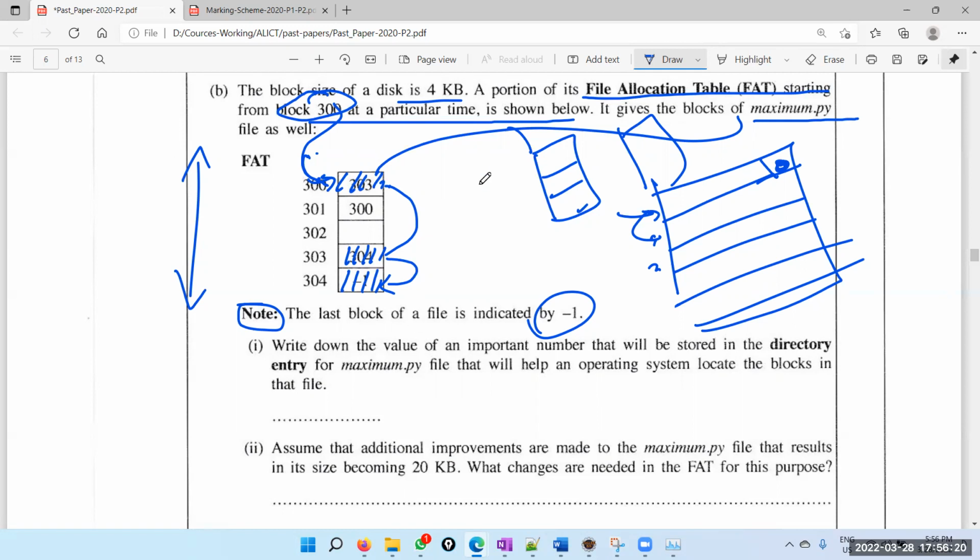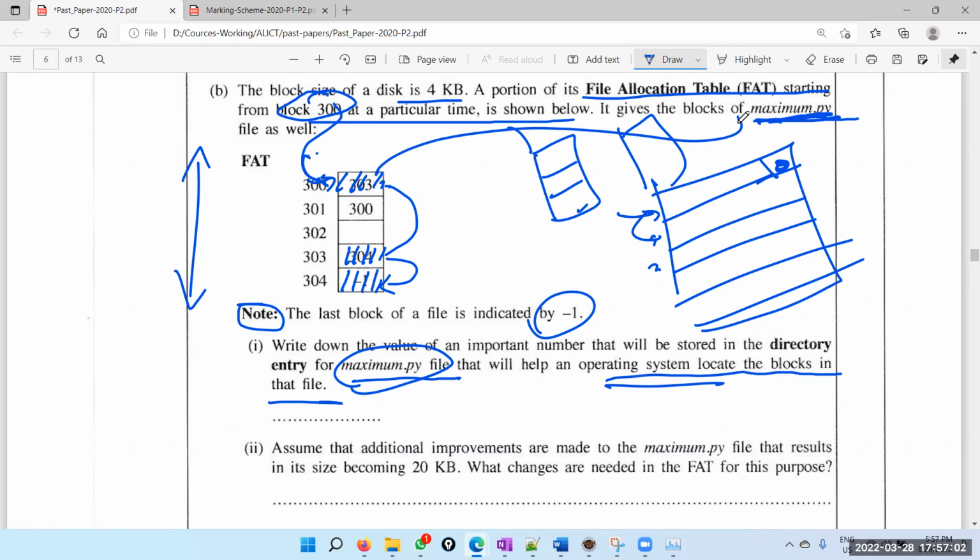Okay, right. So now what is the question? Write down the value of an important number that will be stored in the directory entry for the maximum.py file that will help the operating system to locate the blocks in that file. So what is the answer? Obviously, the operating system must know for each and every file what its starting block is, because that is where you start looking.